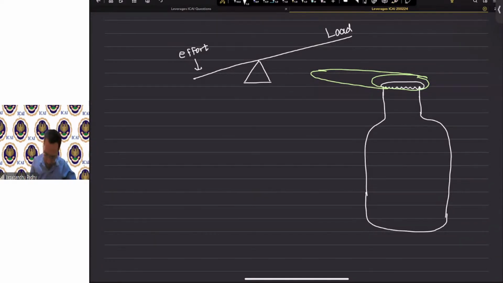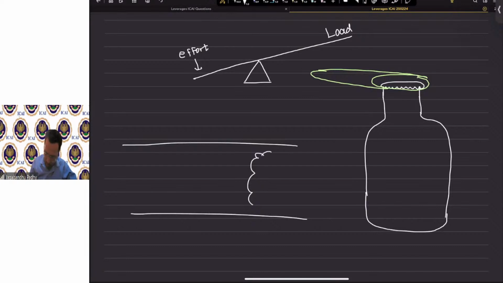Similarly, if you're traveling by road and you find a big rock lying on the road, you cannot remove this rock with your bare hands. You'll have to use maybe a rod, give it a push on one side, it slides. Then again, you push it on the other side, it slides on the other side, right? So we had these types of levers.